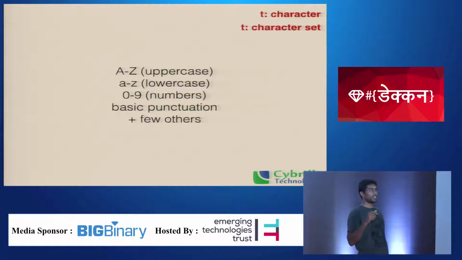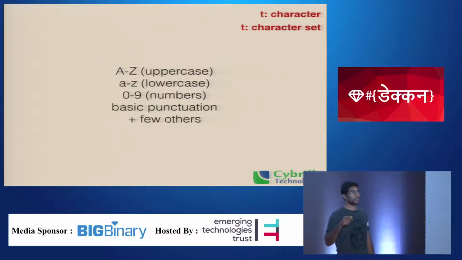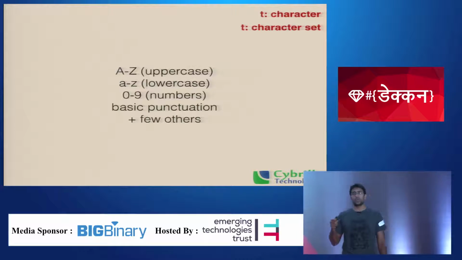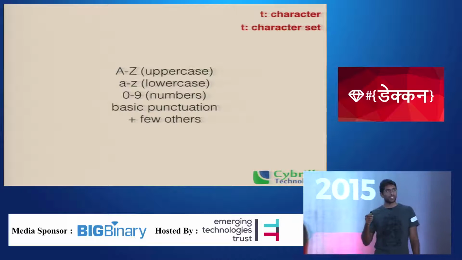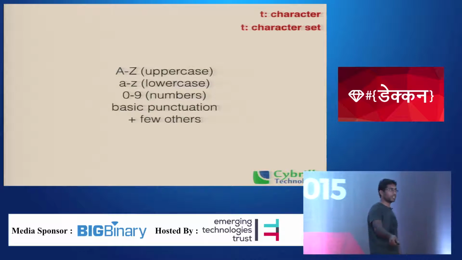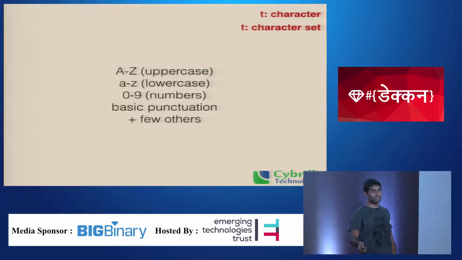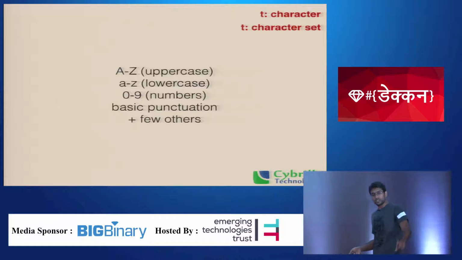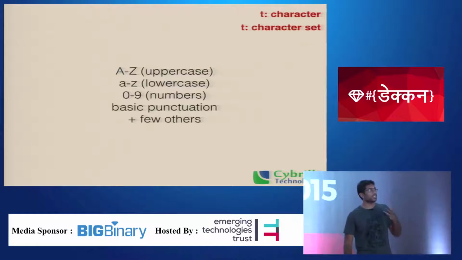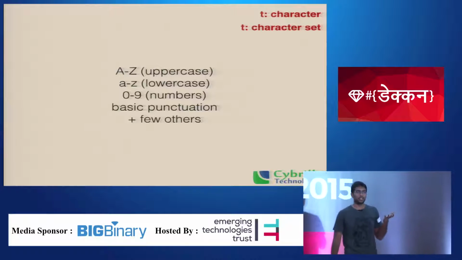At that point in time, if you look at the number of characters which people thought the computer would be required to understand, it is this set. You have capital letters, small letters, English alphabets, numbers and basic punctuation marks. These are pretty much enough to digitize any text document available at that point in time, right?